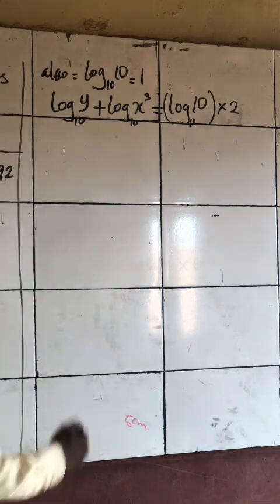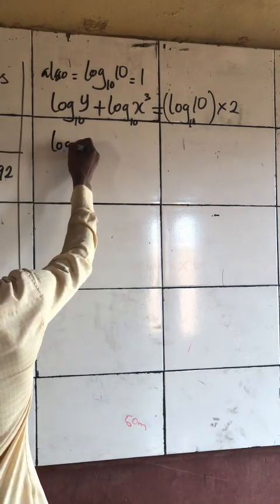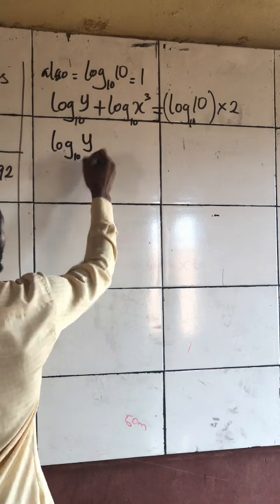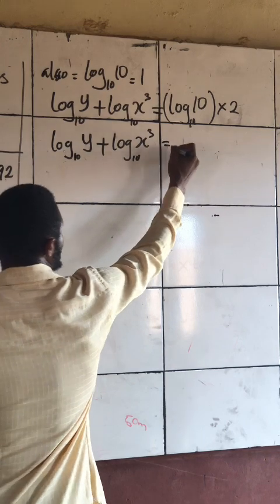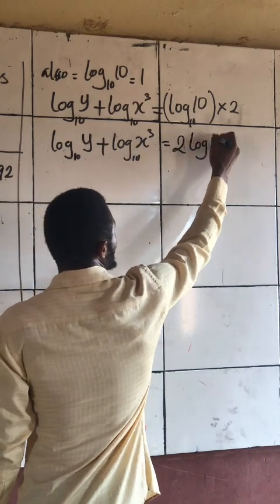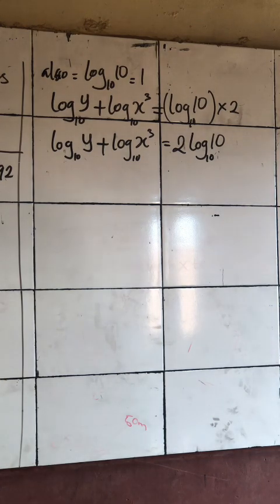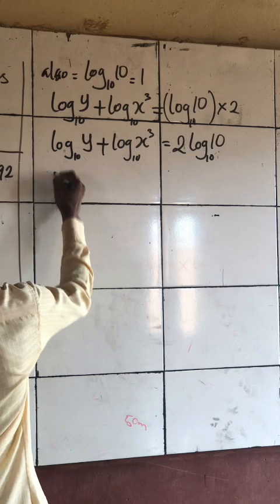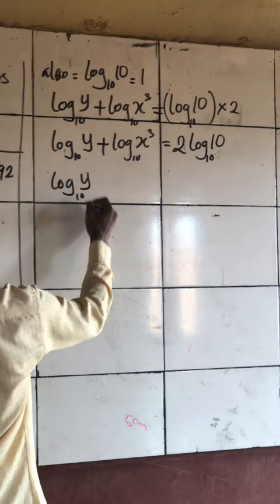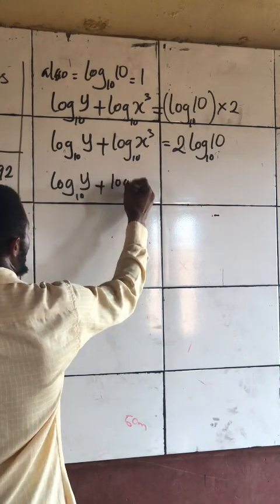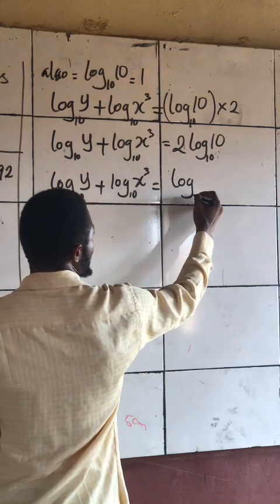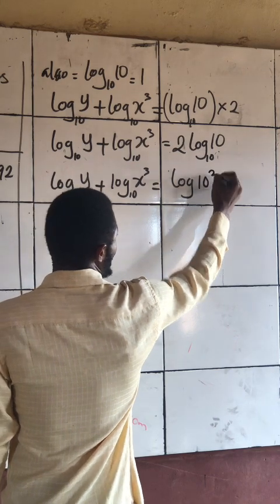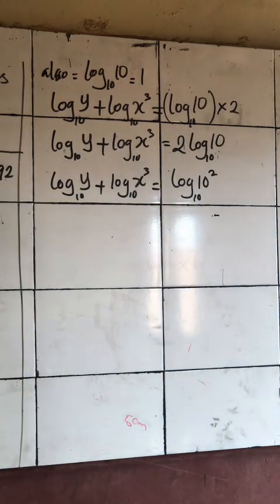So this one will give us log y base 10 plus log x raised to power 3 base 10 equals to 2 log 10 base 10, isn't it? So from here, I can have log y base 10 plus log x raised to power 3 base 10 equals to log 10 raised to power 2 base 10, isn't it?